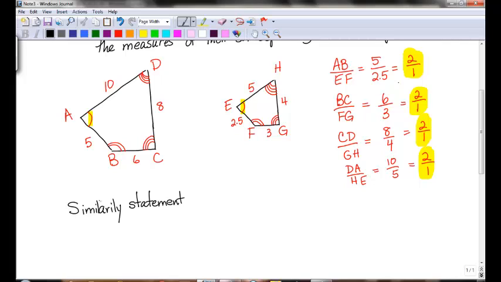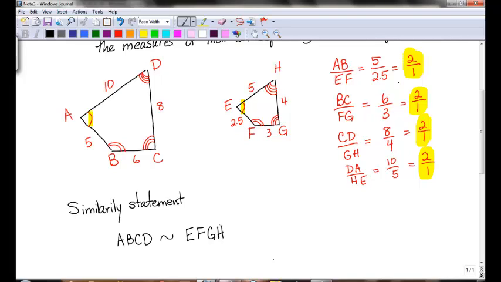If I write it in this order, polygon A, B, C, D, and use the symbol, this little curve tells you that it's similar. Now, if I put A first, then it has to be similar to E. B is congruent to F. C is congruent to G. And D is congruent to H. If I wrote this E, F, G, H in a different order, I'd have an error.